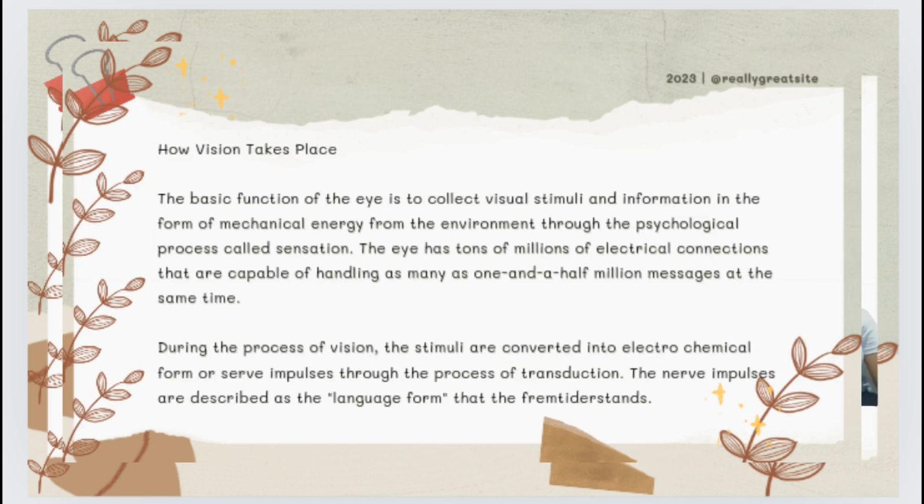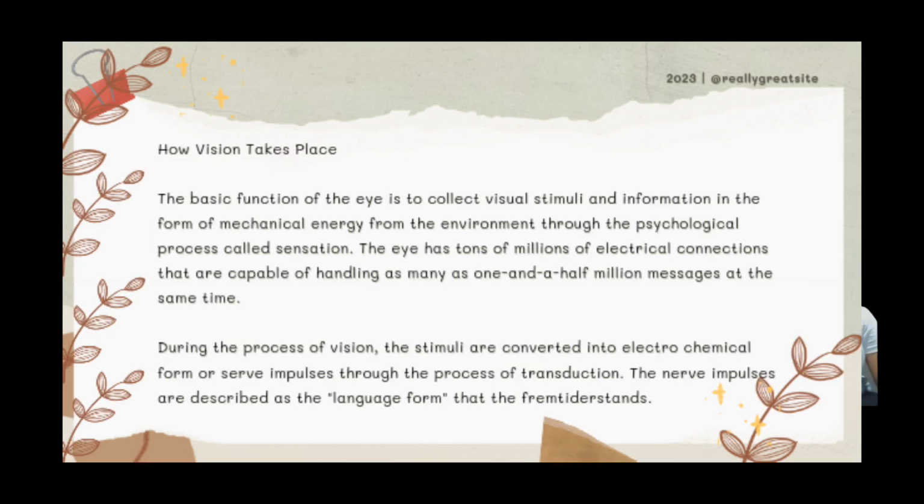So how does vision take place? The basic function of the eye is to collect visual stimuli and information in the form of mechanical energy from the environment through the psychological process called sensation.